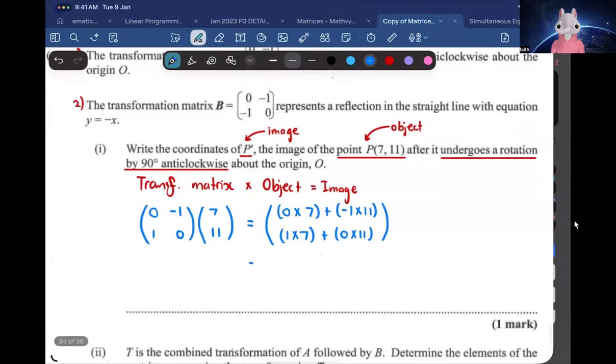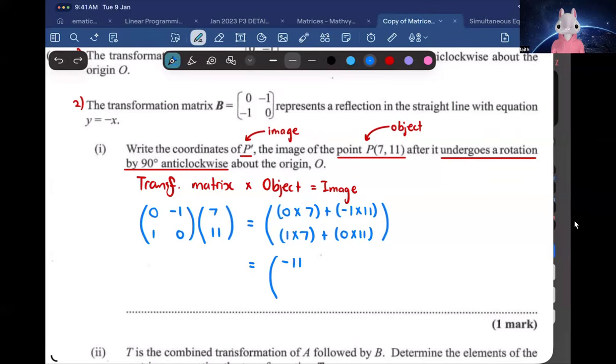All right, what's 0 by 7? 0. What's -1 by 11? -11. So it'll be 0 plus -11, which is just 0 minus 11. Sorry, sir, I thought you said 0 times -11.